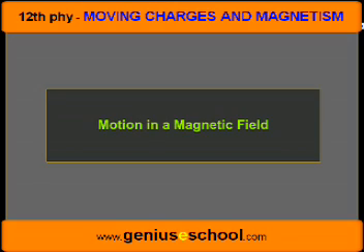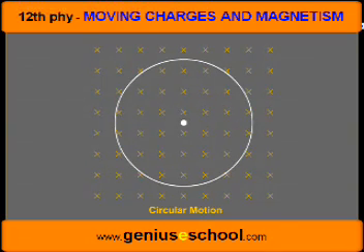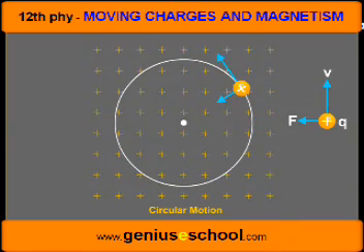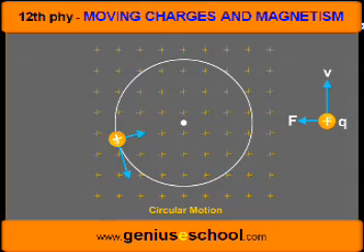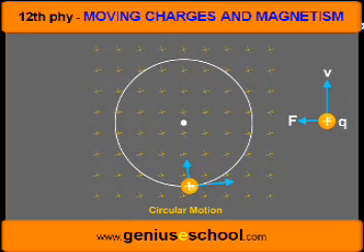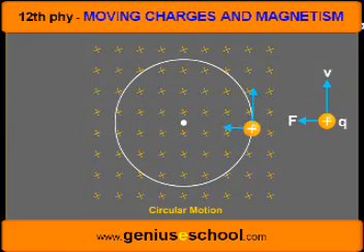Motion in a magnetic field. In the motion of a charge in a magnetic field, there are mainly two types: circular motion and helical motion. Circular motion. In this type of motion, the velocity of the particle is perpendicular to the magnetic field.